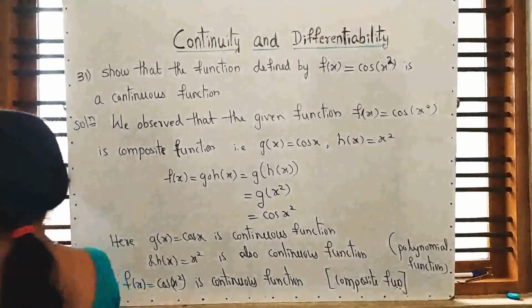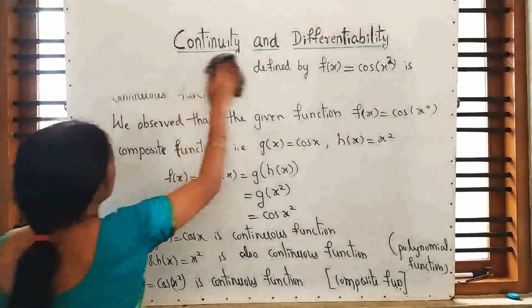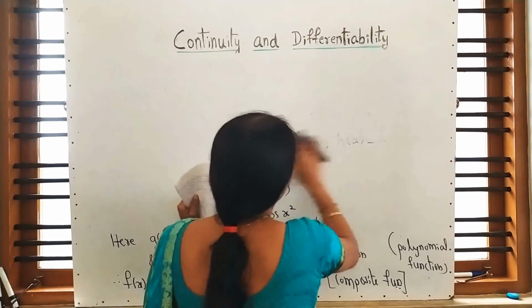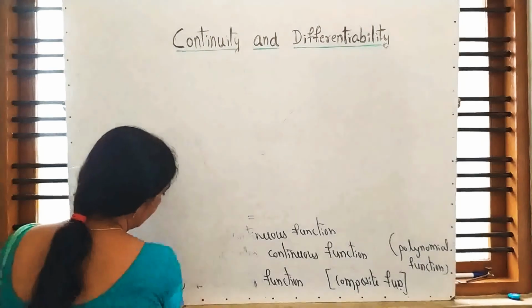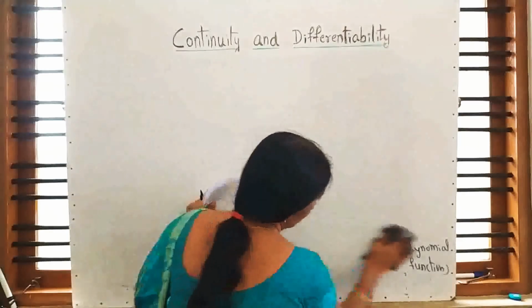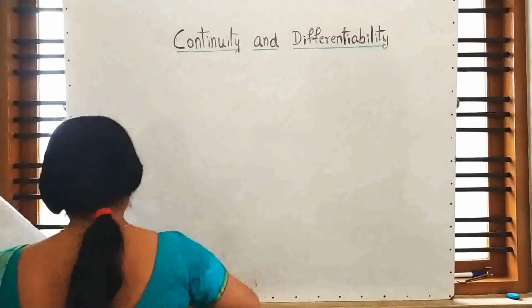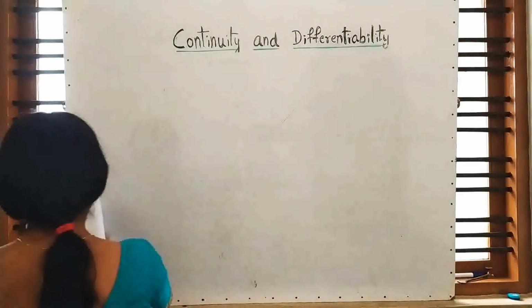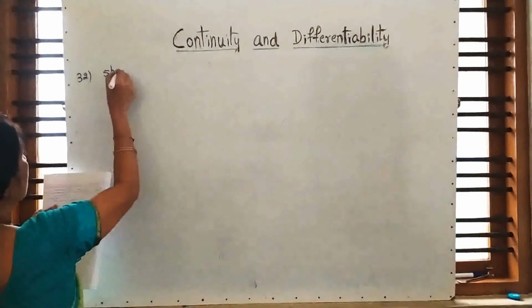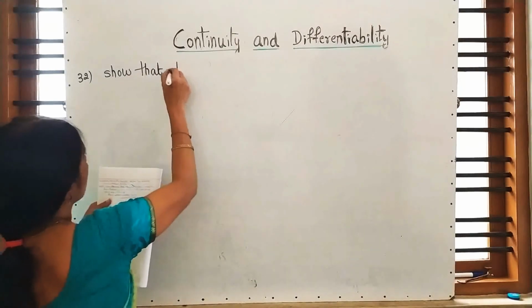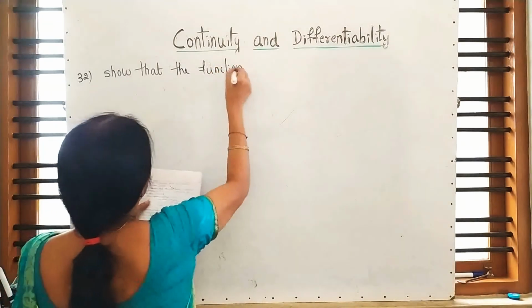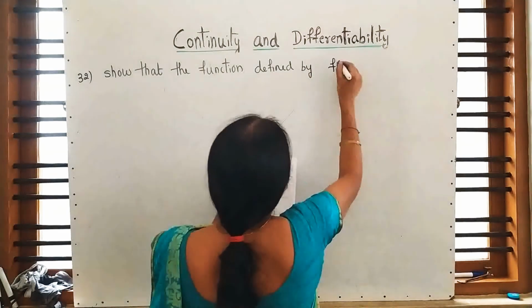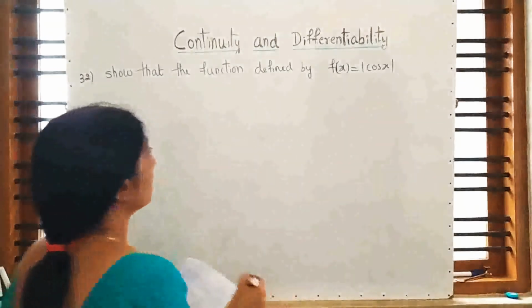Moving to question number 32. Show that the function defined by f of x is equal to modulus of cos x is a continuous function.